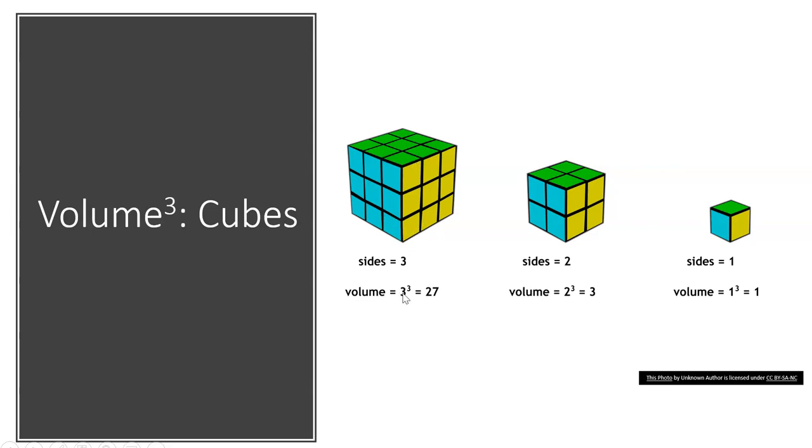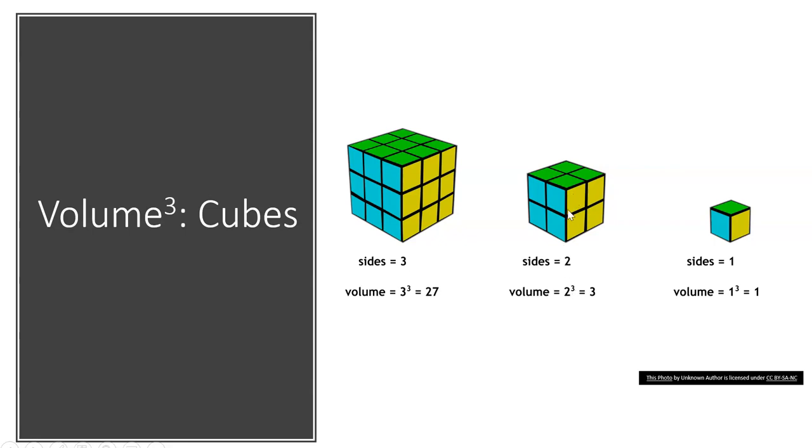The volume of it, okay, it's got 3 units up, 3 units across, 3 units back. So it would be 3 times 3 times 3. Now mathematically, 3 multiplied by 3 multiplied by 3 is 3 cubed.